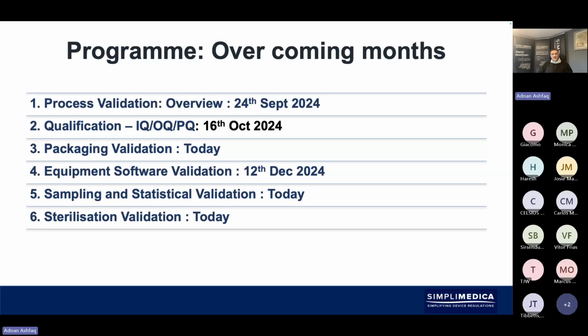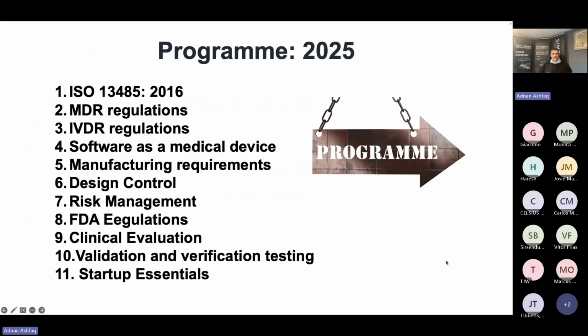So we will be predominantly talking about packaging validation, and then next month, the 12th of December, because we're getting close to Christmas, I'm sure people will be thinking about other things as we get closer to Christmas. We'll be looking at equipment software validation. And then going on to 2025, we will be exploring further subjects in our medtech journey in the medical device development.